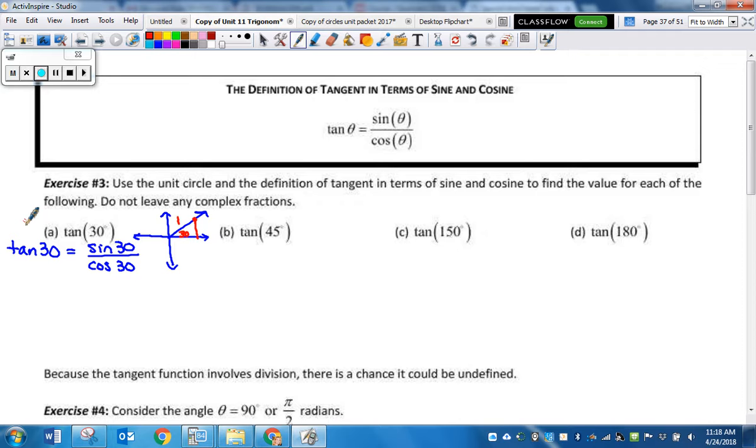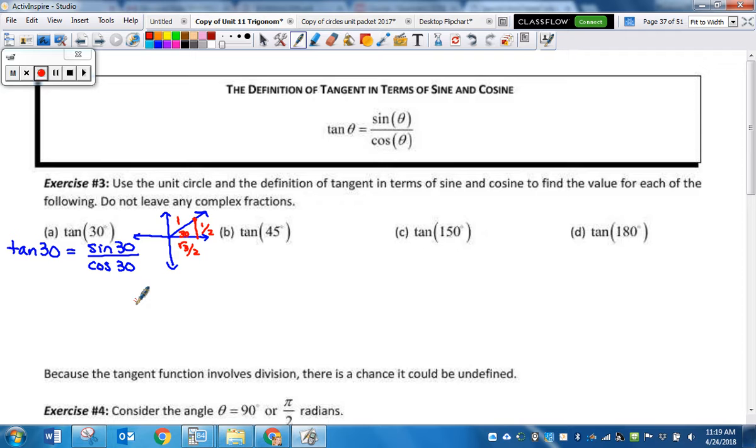So, back to that stuff we had to remember. In a 30, 60, 90, when I am sitting on the unit circle, my hypotenuse is 1. What is the side opposite the 30-degree angle, Jacob? 1/2. And what about the side opposite the 60-degree angle? Radical 3 over 2. And because I'm in quadrant 1, they're both going to stay positive, right? Okay, so that's all stuff. So now what am I doing with this? I'm dividing, correct?